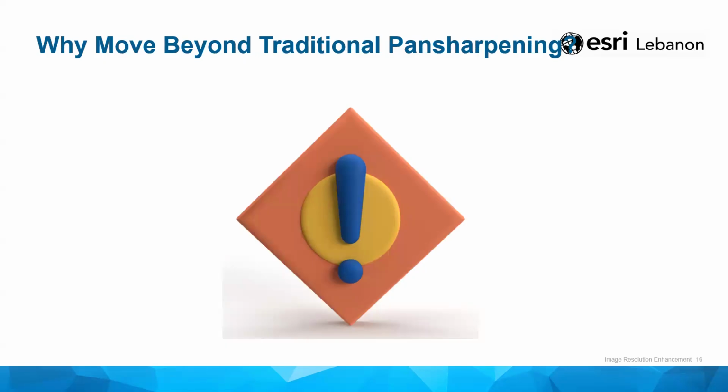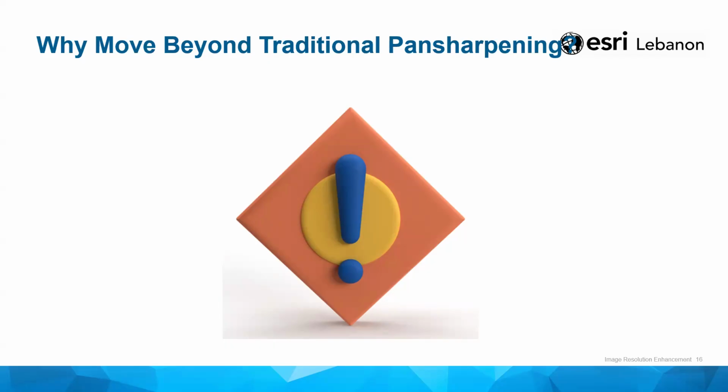Before we jump into deep learning super resolution, it's worth calling out why we need anything beyond traditional pansharpening in the first place. Classical methods can't generate true new detail. They only reshape contrast from the panchromatic band, so the extra sharpness is mostly cosmetic.